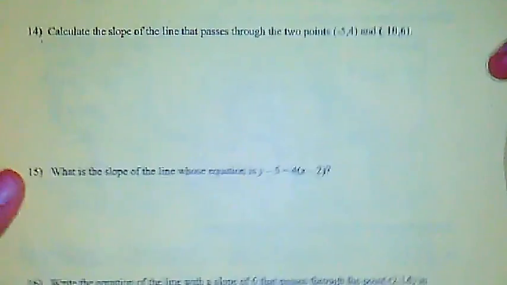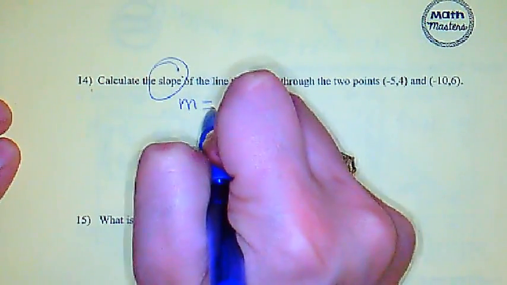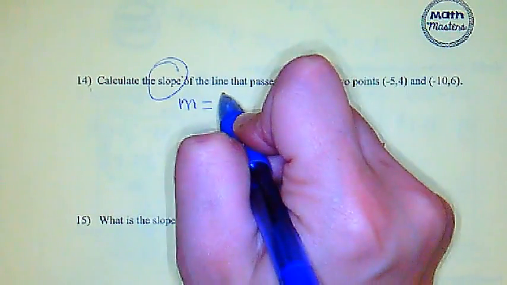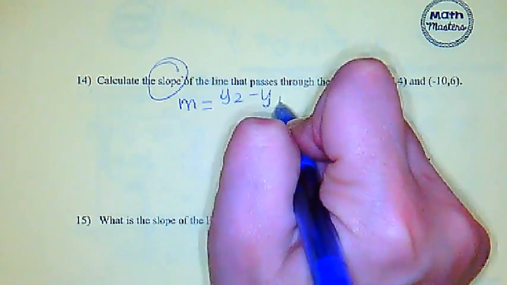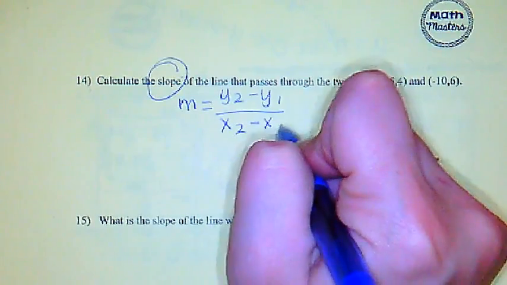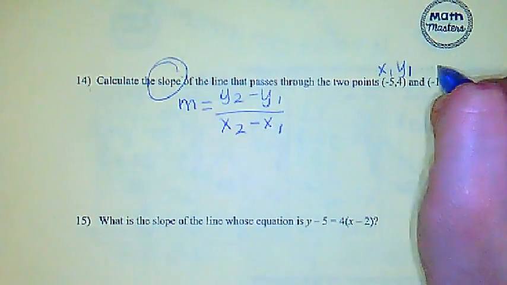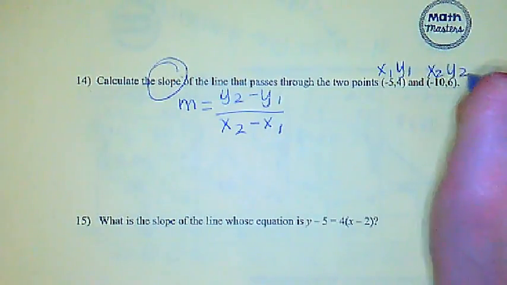All right. Number 14, we are calculating the slope. So again, m is equal to y2 minus y1 all over x2 minus x1. Okay, x1, y1, x2, y2.